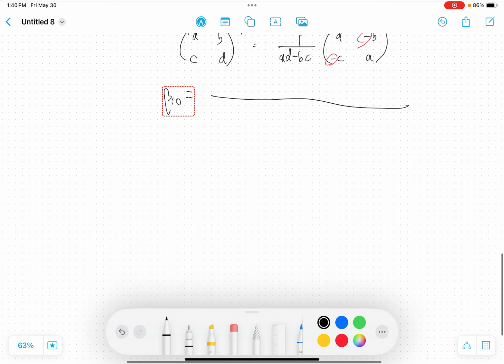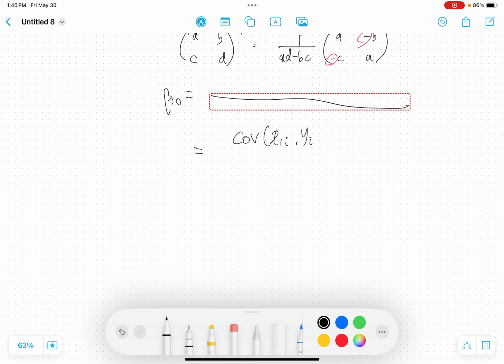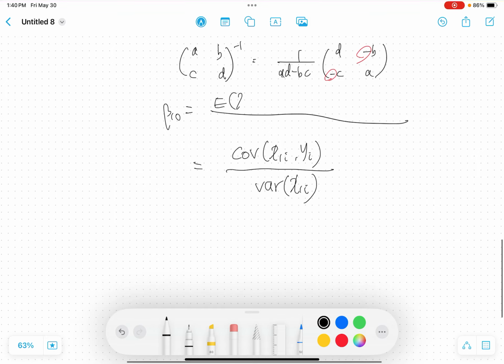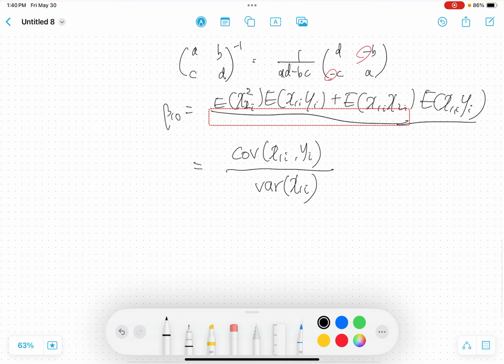But somehow, in the end, this student said the equation goes like this: expectation x2i squared, x1i yi plus expectation x1i x2i, expectation x1i yi, divided by expectation x1i squared, x2i squared minus x1i x2i total squared.